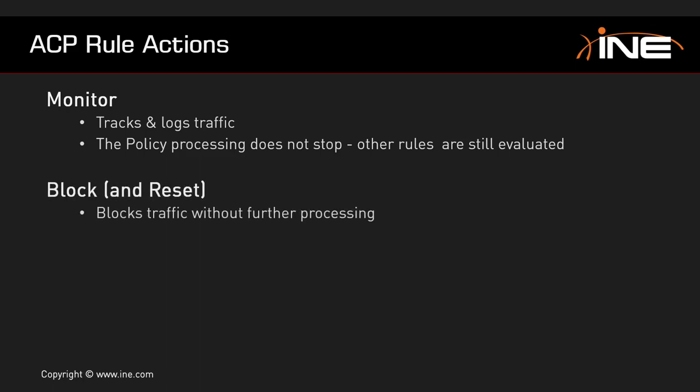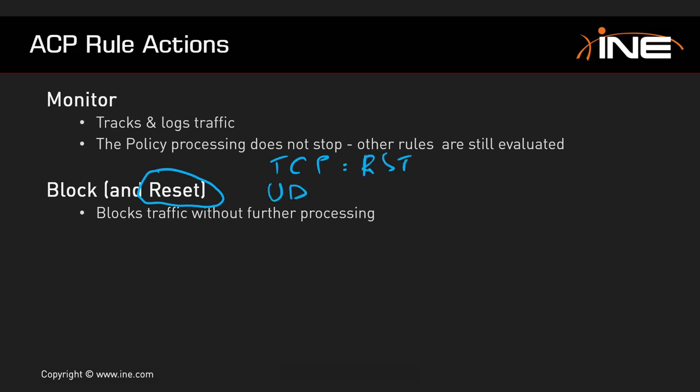Okay, what is going to be the purpose of the block action, potentially with the reset option? Block says that we want to drop communication without further processing. So it is going to be definitely a final action, as all other actions that we will take a look at in this session. We have that additional setting which allows us to reset a connection. So for TCP, this is going to mean that we will send a reset segment.